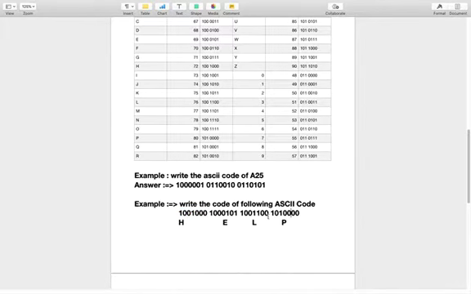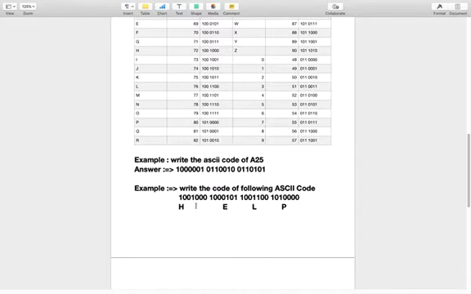Then this number denotes P. So P is equal to this, then this is L, then this is E and this is H. So we can easily write the ASCII code of any character, and from ASCII code you can find the normal characters.